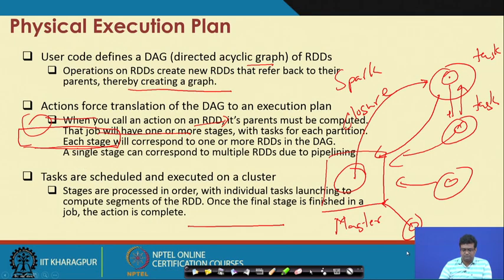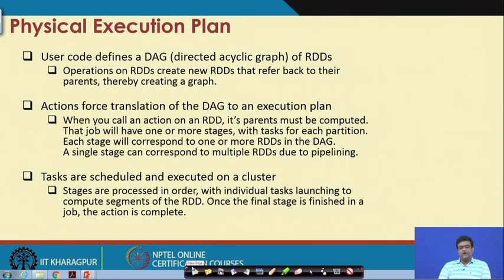Okay. So, finally, we get into how the execution plan is made. We have already seen that user code defines a DAG for the RDDs. Operations on the RDDs create new RDDs that refer back to their parents, thereby creating the graph.